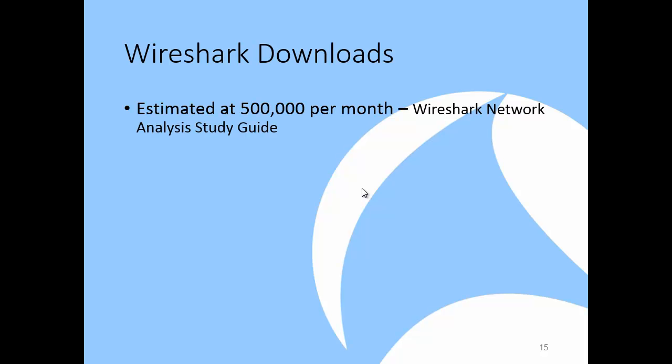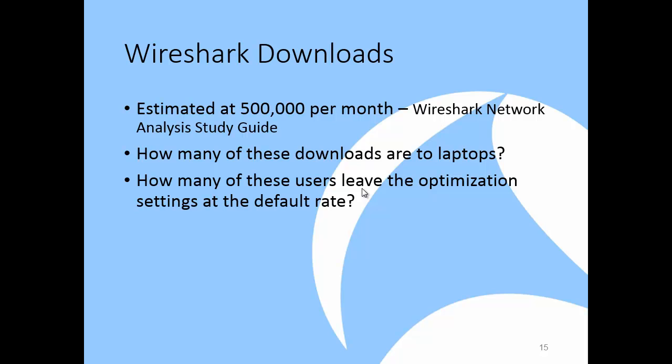The recent numbers for Wireshark downloads are on the order of 500,000 per month, according to the Wireshark Network Analysis Study Guide. How many of those downloads do you think go directly to laptops? Of those users, how many of them leave the optimization settings at the default rate? Very likely most. So we find in most cases, Wireshark is installed on a laptop.